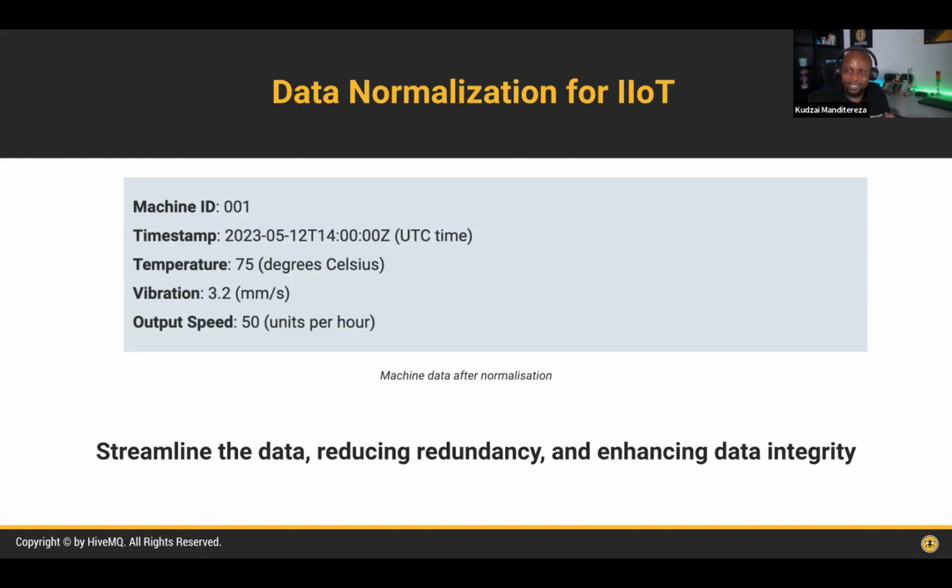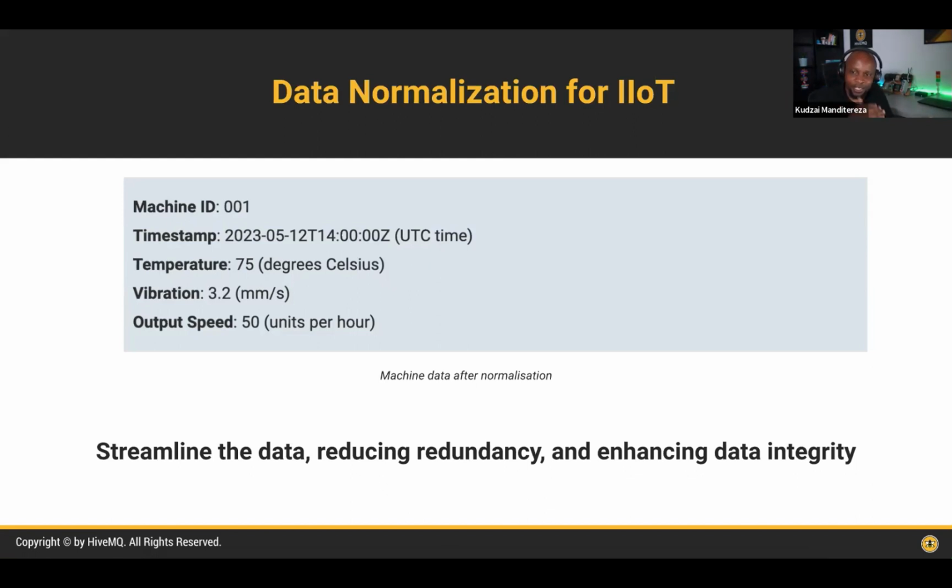So data modeling is about looking at all those potential discrepancies within your data to make sure you've got data integrity. You make sure that you standardize across your entire enterprise on how you represent time, the unit of speed, and the unit of temperature. This is what we mean by data normalization.